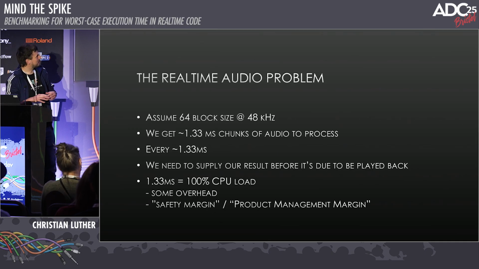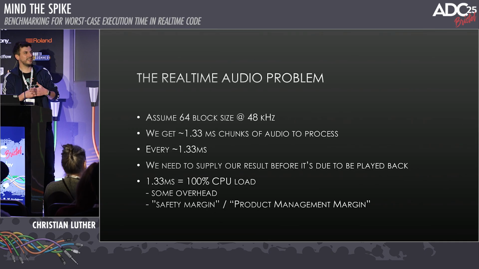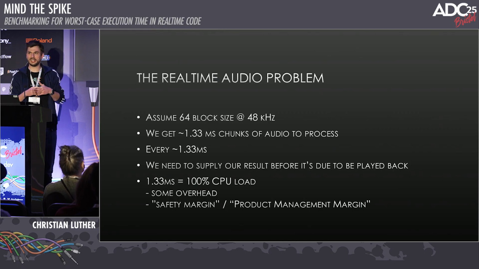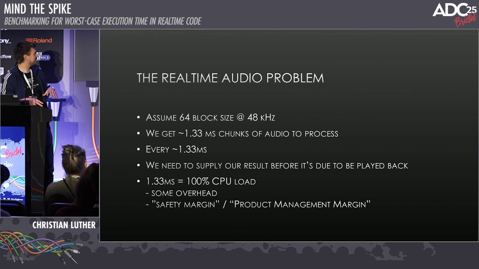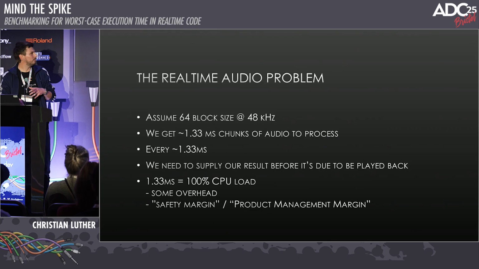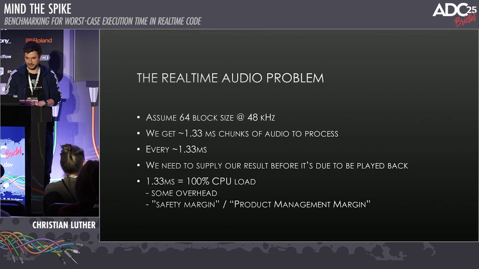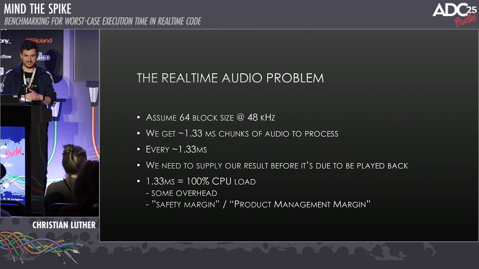So some kind of normalization that we can do is to say, okay, if our code takes 1.3 milliseconds to produce 1.3 milliseconds of audio, we call that 100% CPU load. But it wouldn't make sense to aim for 100% load.